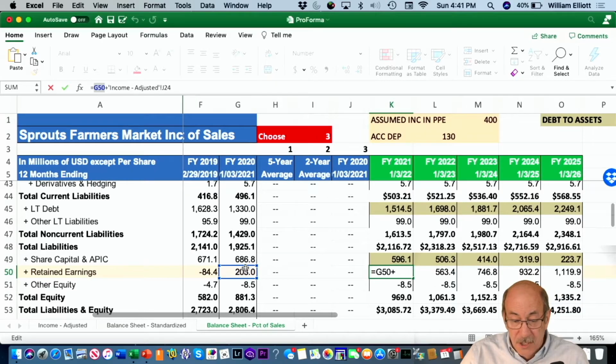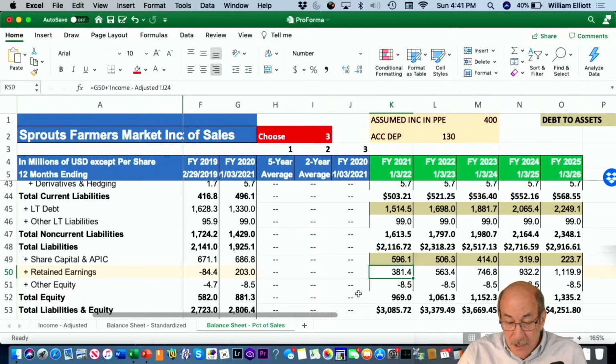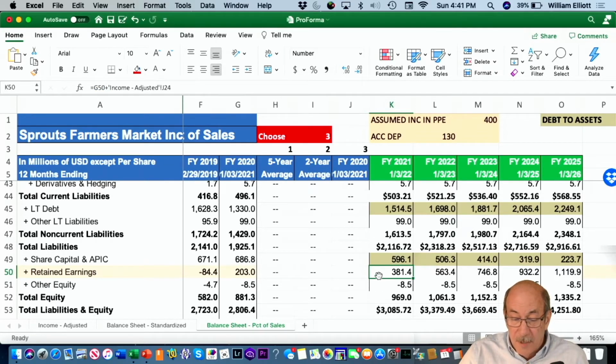So that was the 2020 retained earnings. When I add the new income, I come up with a new retained earnings for 21 of 381. And I do the same thing for 22, 23, 24, and 25. All right. So now I've taken care of that interaction.